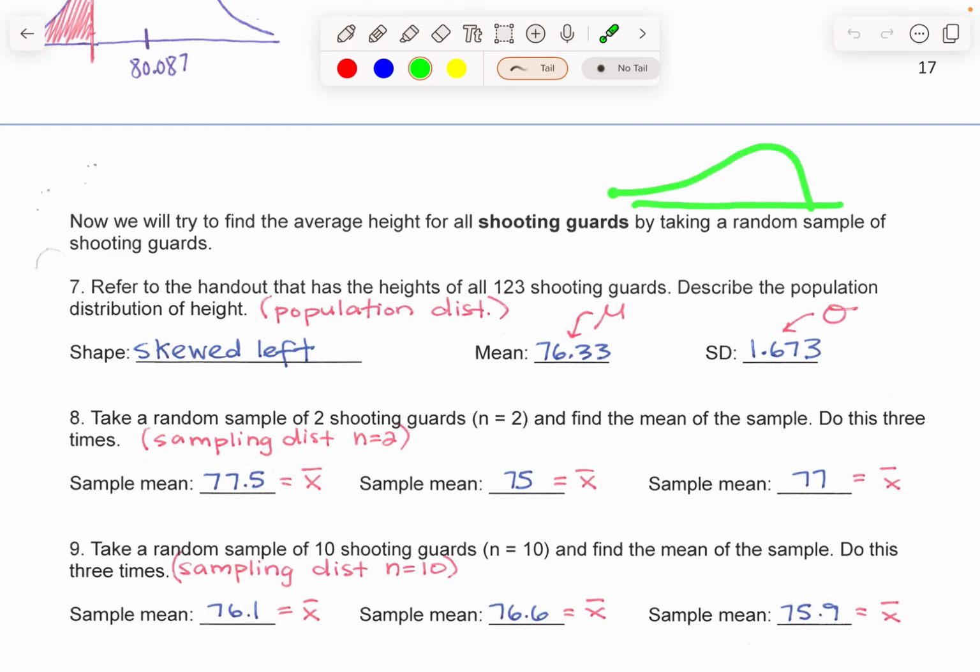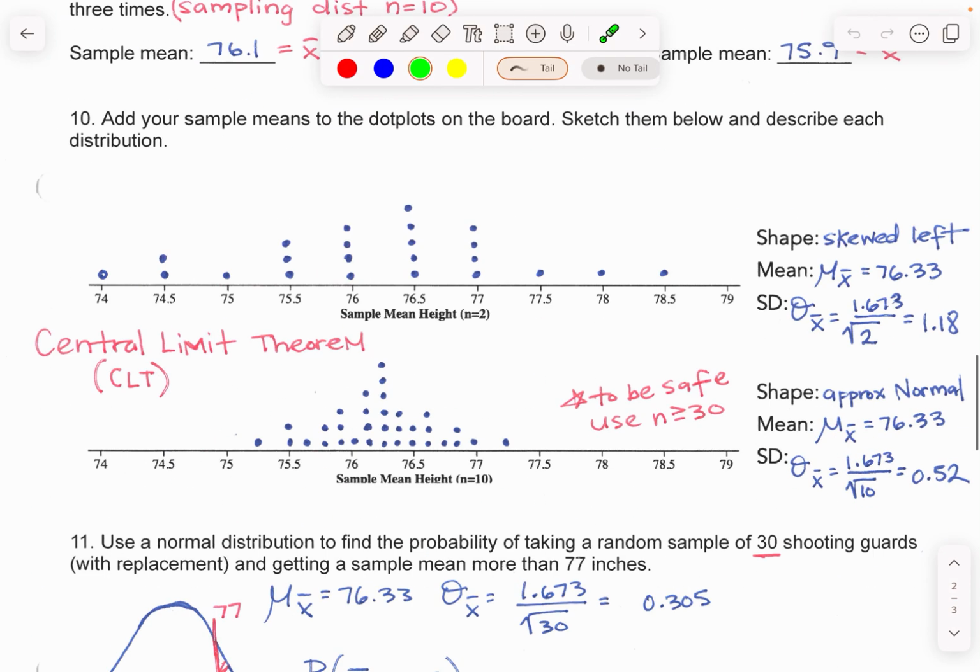It kind of looked like that. And we can see that when we take very small samples, so in this example samples of size n equals 2, we can still see a little bit of that residual left skew. But if we take big enough samples, so in this one, samples of n equals 10, it starts to look more and more normal.